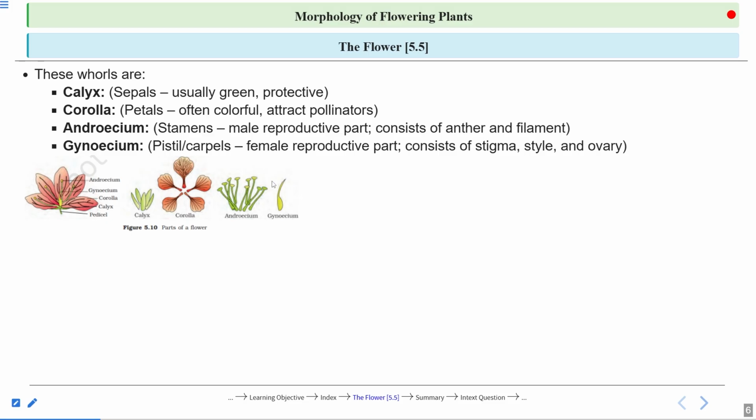The uppermost part is the stigma. Then the stalk-like structure is called the style, and the basal bulbous part, round or oval in shape, is called the ovary. So gynoecium has three parts: stigma, style, and ovary. Okay, so these are the four different whorls of the flower.